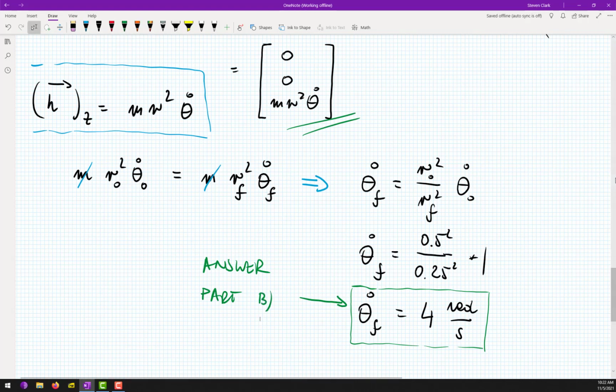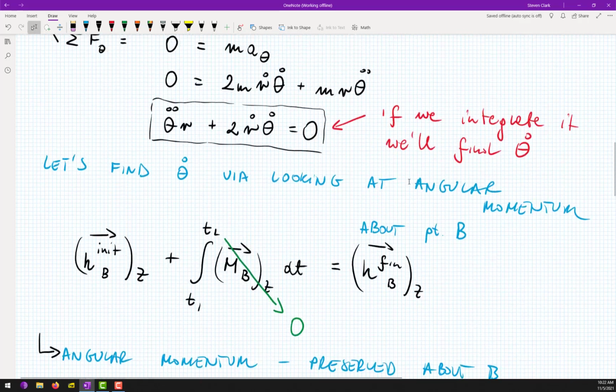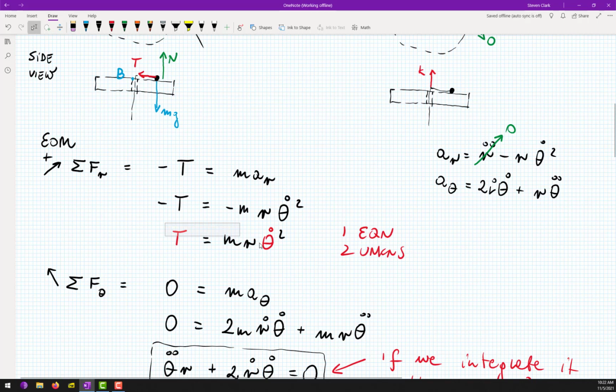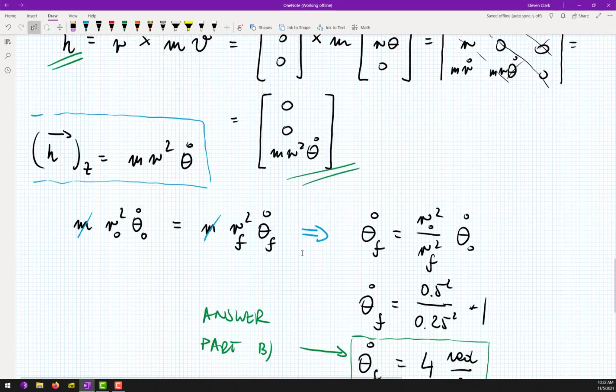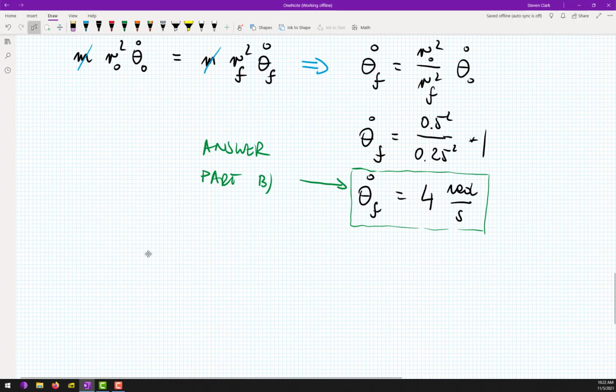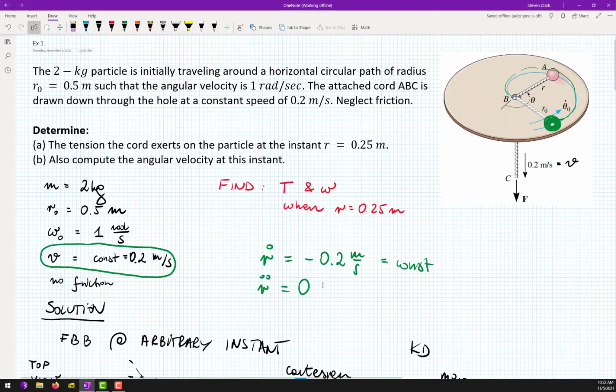Okay, and now, since we have theta final, let's plug it back into our original equation, this one. Yeah, I changed notation a little bit, but I think you guys are not lost. So it's not theta dot, but it's theta final. So now we have that T, that tension, is equal to, what was the mass? 2.